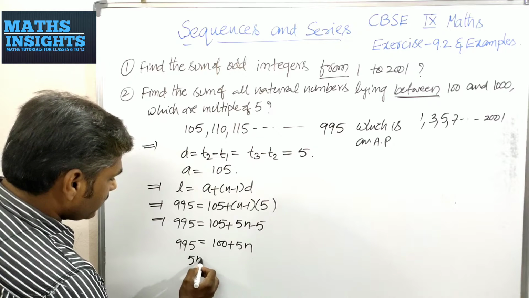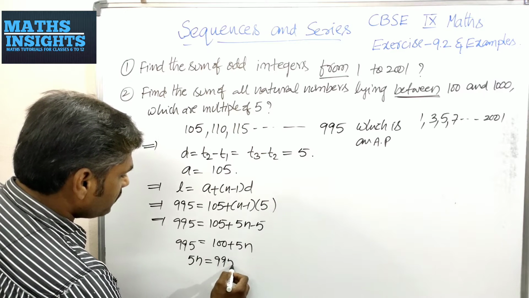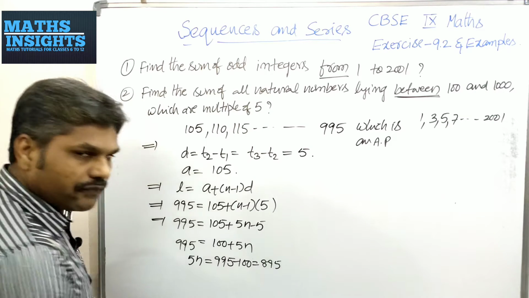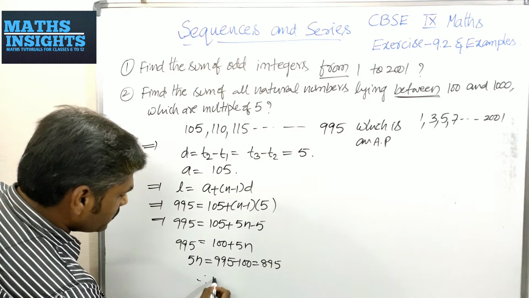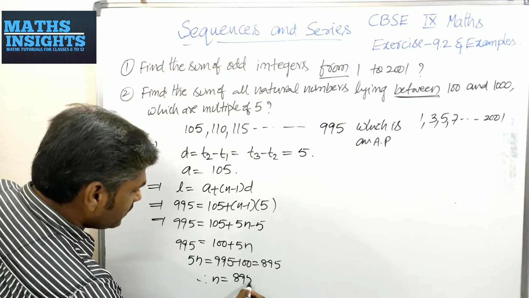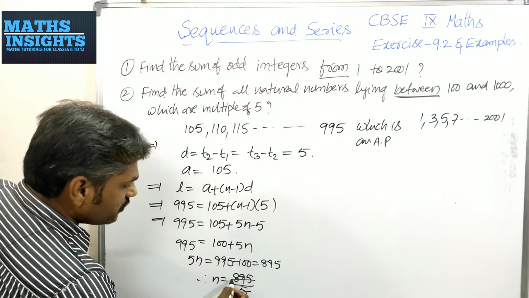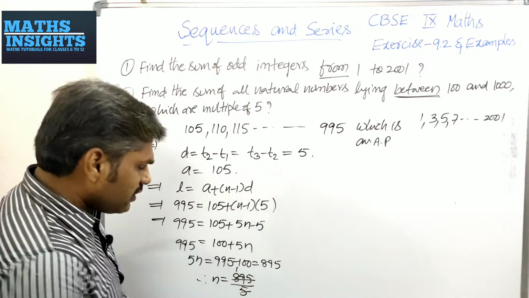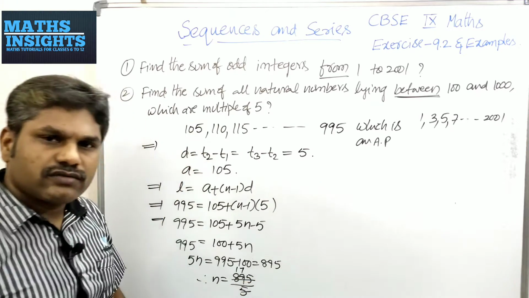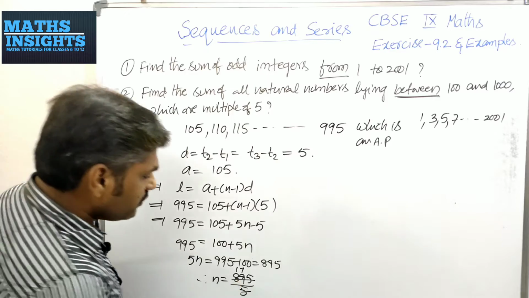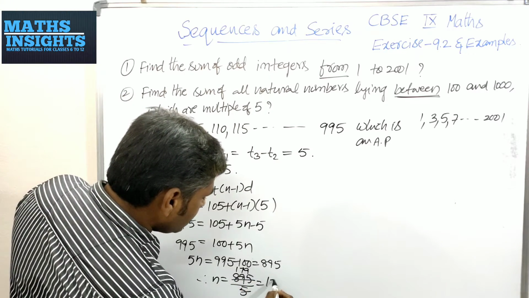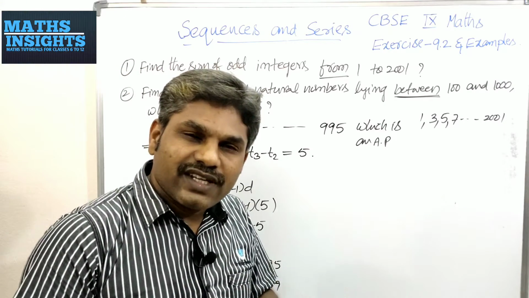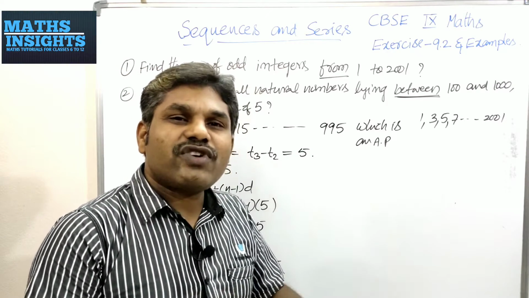So 5n equals 995 minus 100, that is 895. Therefore n equals 895 by 5. Cancelling by 5, we get 179 terms. Then the problem is over.